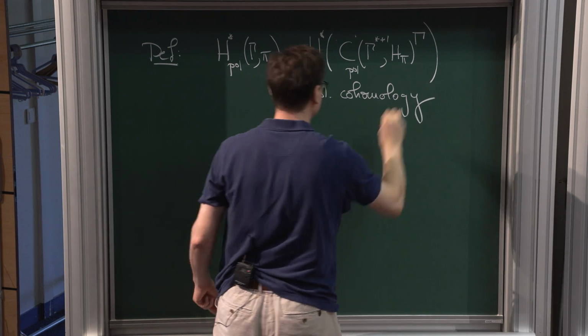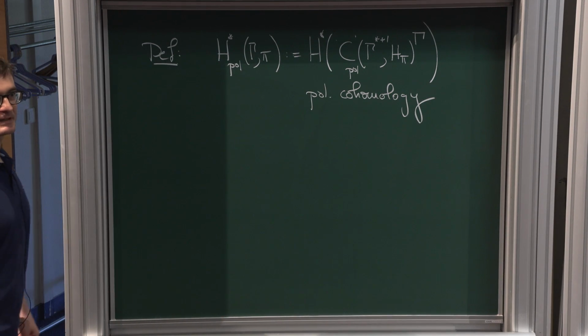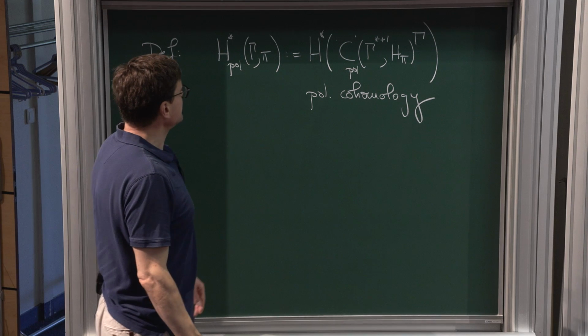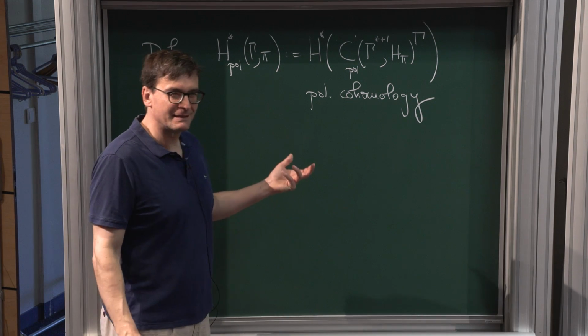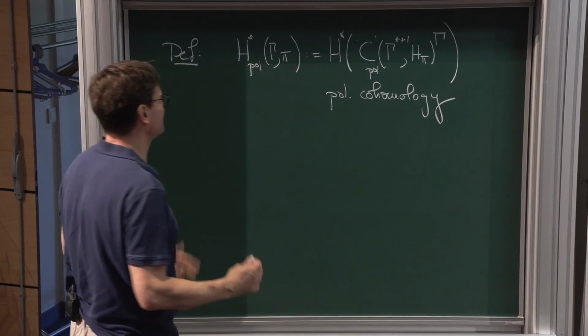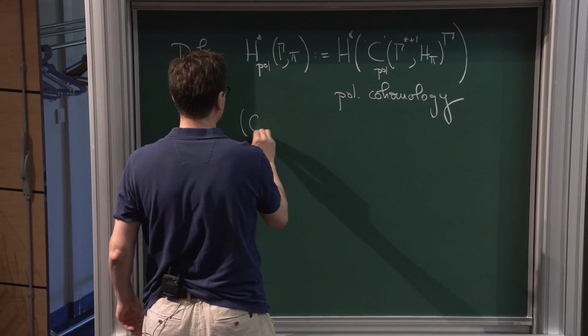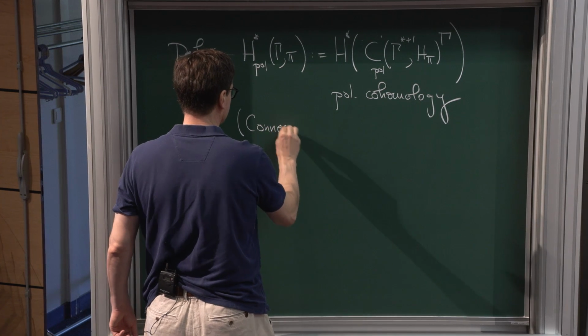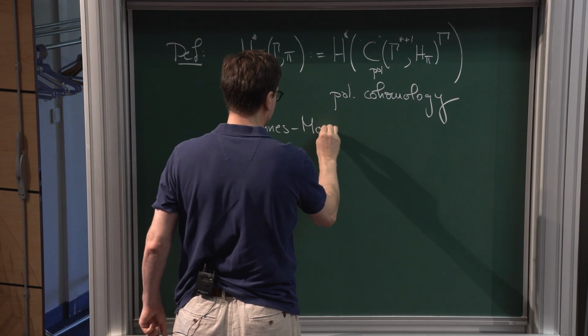So where does this polynomial cohomology historically first appear? It appears, although if you look at the paper, you might not recognize it, in the work of Alain Connes and Moscovici on the Novikov conjecture.